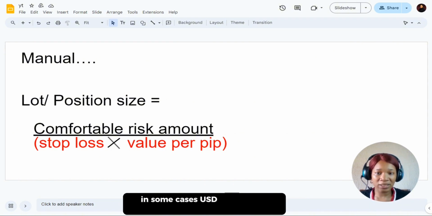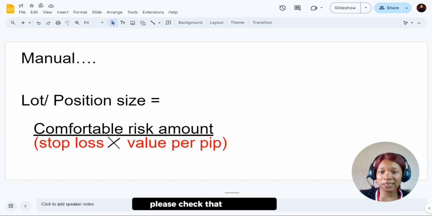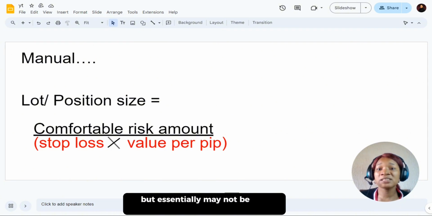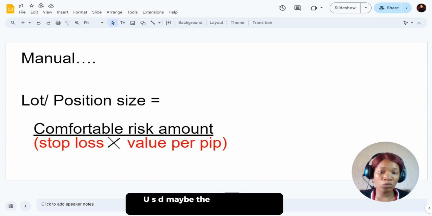In some cases, USD may be the base currency. If you have not watched the video on base and quote currencies, please check that out here. It may not be the same for all, because sometimes USD may be the quote or the base currency.